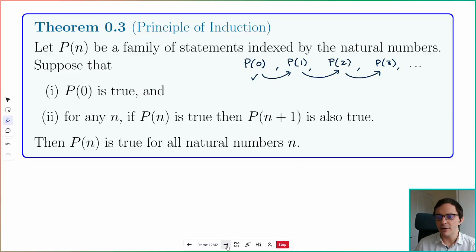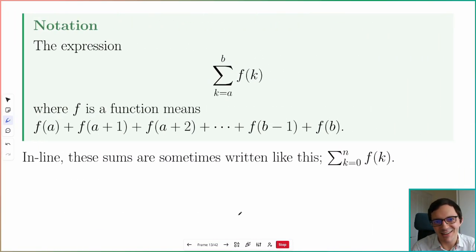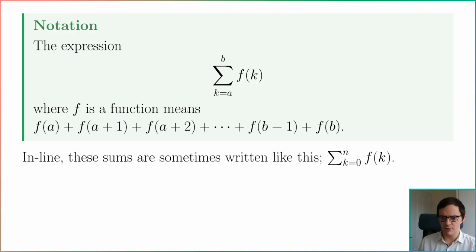In order to try this out, I need some notation. This course contains a lot of notation and definitions. And one thing I'd like to show you is sums of numbers, or functions of those numbers. So here's an expression you might have met before.